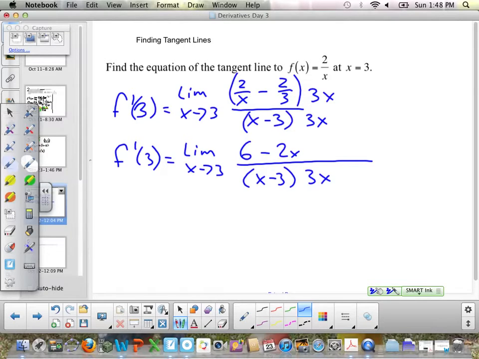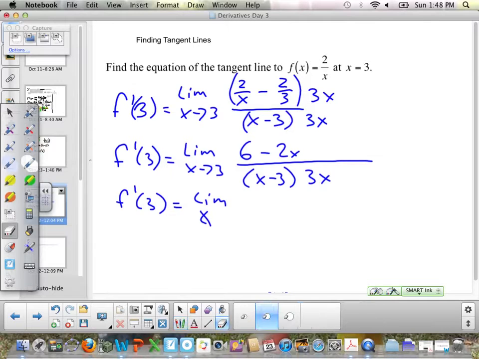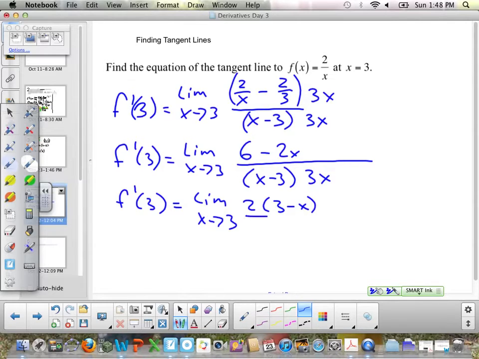6 and 2x have 2 in common, so I'm going to factor out the 2. So we got 2 times 3 minus x over x minus 3 times 3x. These are almost the same.